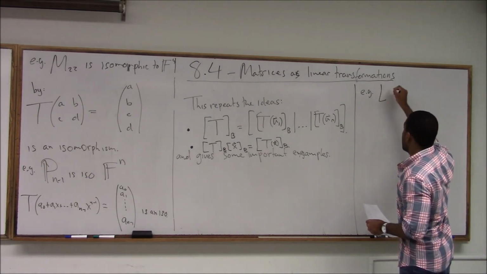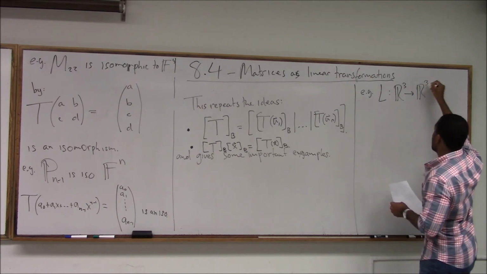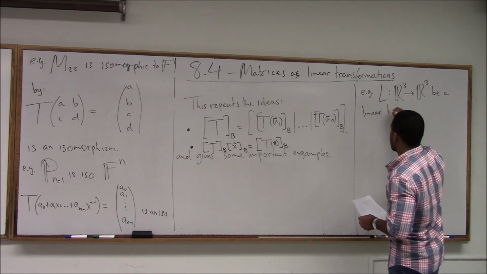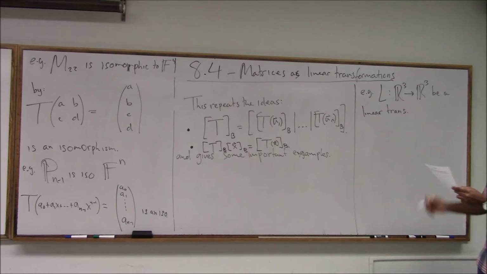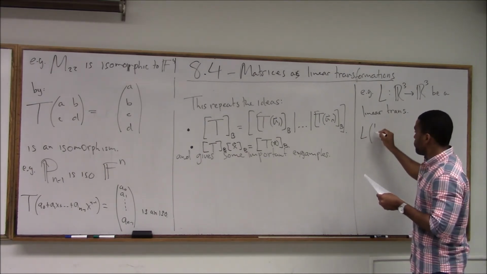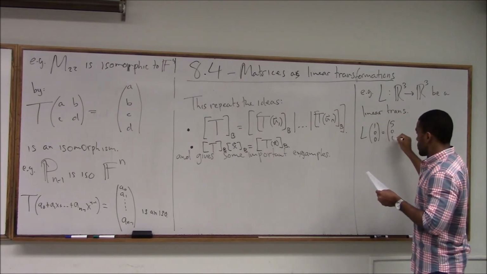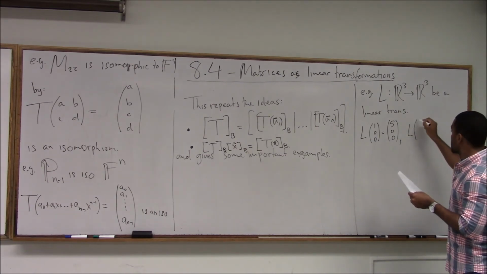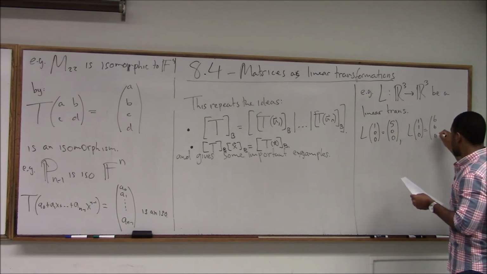So let L from R3 to R3 be a linear transformation. Okay, what are some things you can tell me about L right away? How can I think about L in a linear algebra context?